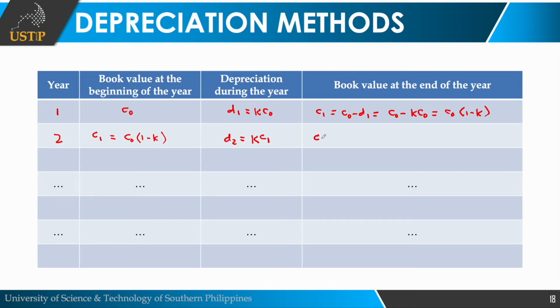Okay? So, our book value at the end of the year, that is C sub 2, is just equivalent to C sub 1 minus D sub 2. And that is C sub 1 minus... let's just expound directly.